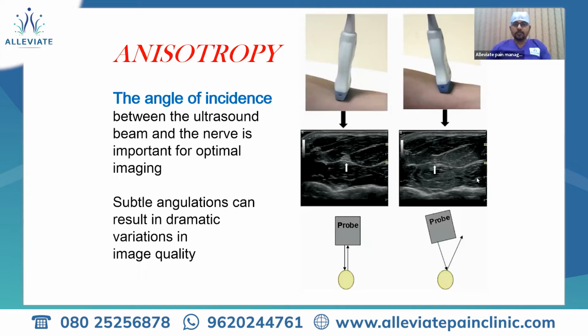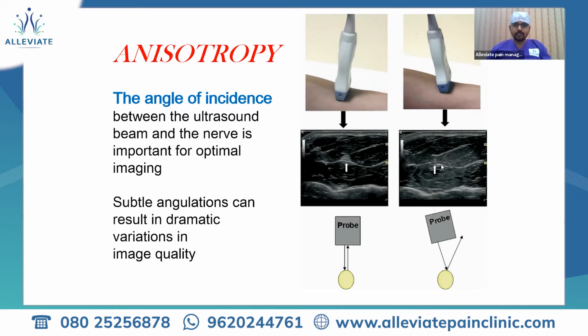One of the most important confusing aspects will be anisotropy. To make it clear, you can see the two pictures over here. We have what appears to be a nice fascicular pattern of a nerve displayed in both the images, whereas here you are not able to view the clear-cut image. Now you would think that there is some damage to the nerve, or it can lead to misdiagnosis.